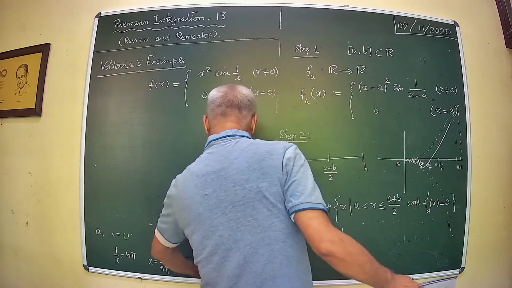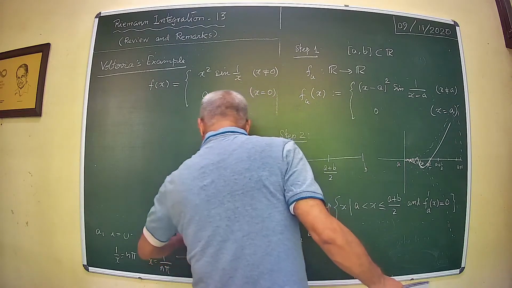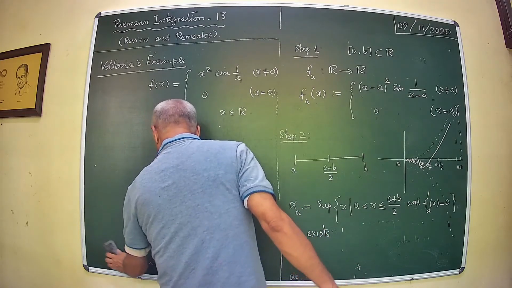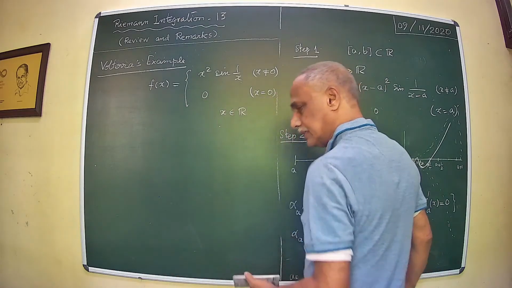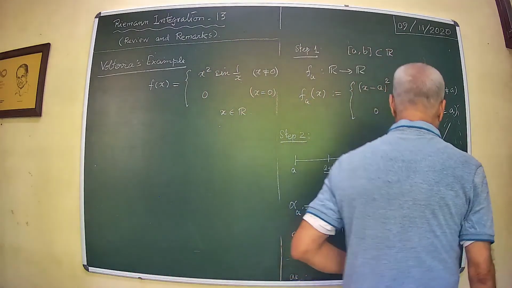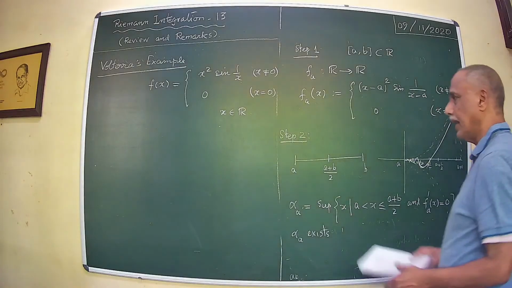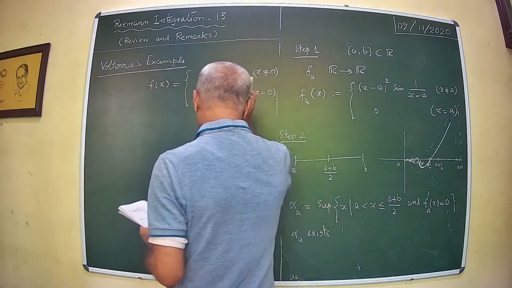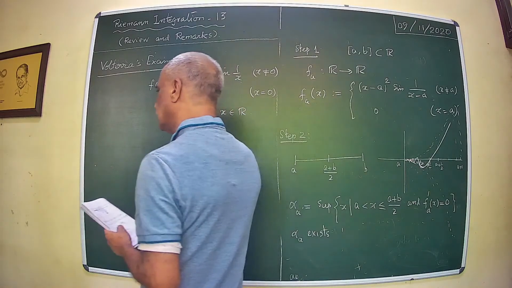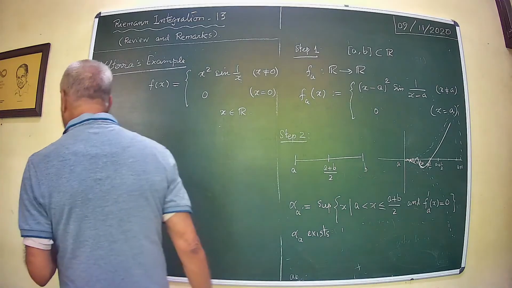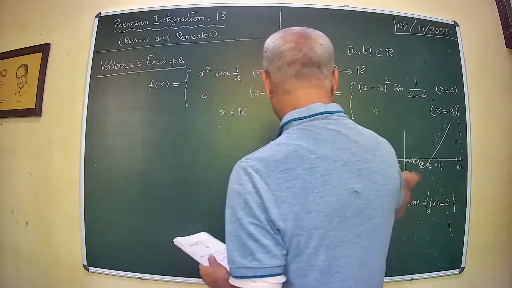The alpha a will come at the place where the slope of the tangent becomes 0, or the tangent becomes parallel to the x-axis. And that happens at the points of minimum and the maximum. Okay. So you just take the last point where you have the minimum below a plus b by 2.